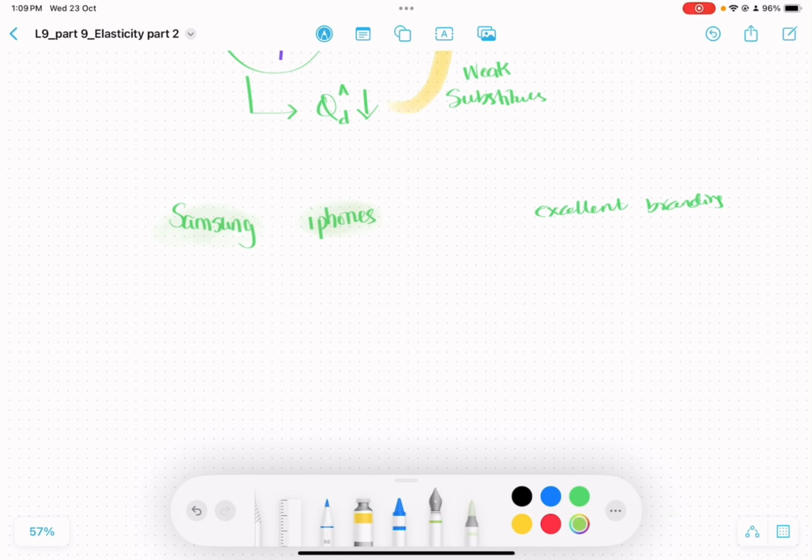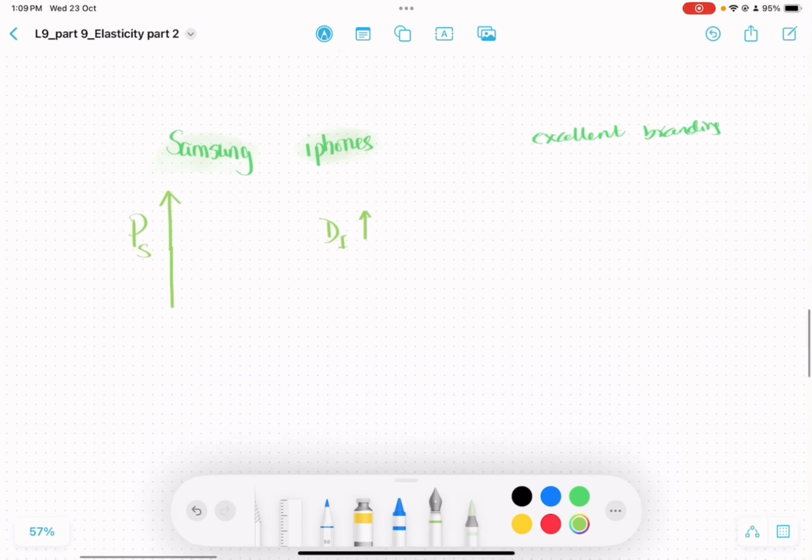So now, if we take the case that the price of Samsung is going up, the demand for iPhones, we will see, is going to go up as well, but it's going to go up by a very small amount. This is because when the price of Samsung goes up, the quantity demanded for Samsung goes down a bit, but it doesn't go down that much, right?